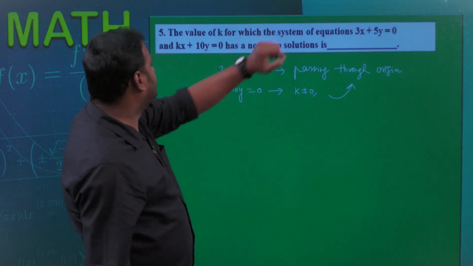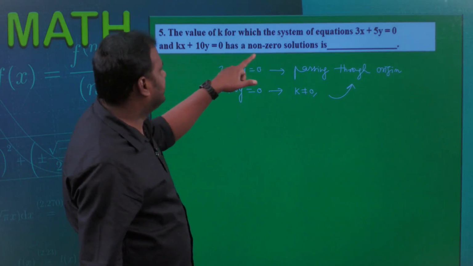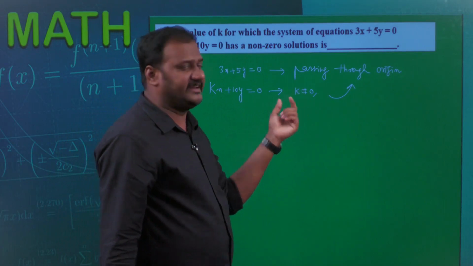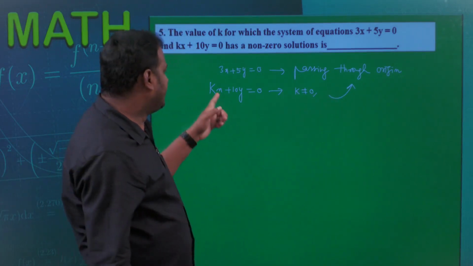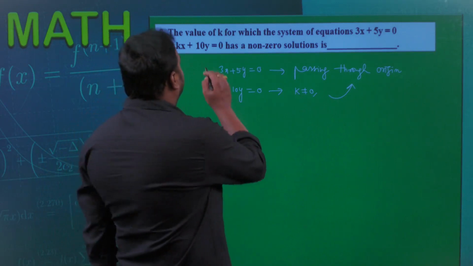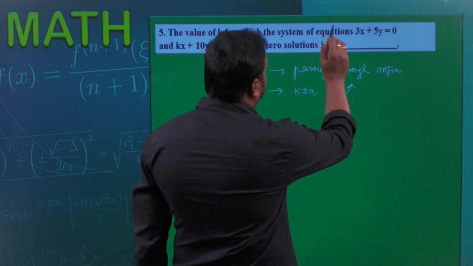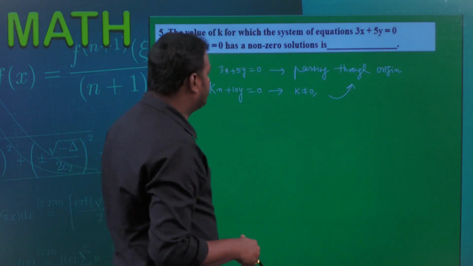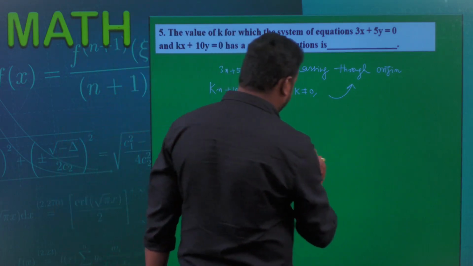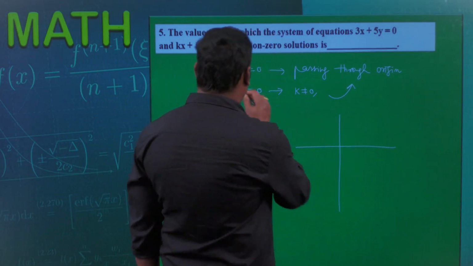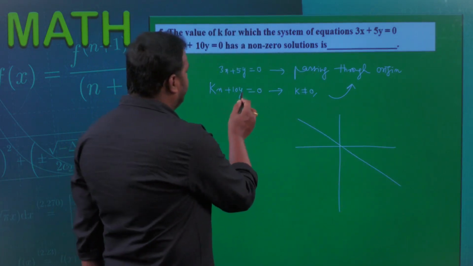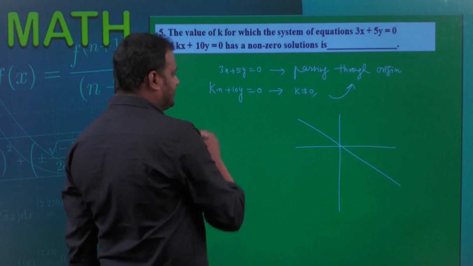You need to find the value of k such that it has non-zero solutions. It has a non-zero solution means for any non-zero value of k, it is always passing through origin. So for the system 3x plus 5y is equal to 0 and kx plus 10y is equal to 0, one equation would be this, and the other depends on the value of k.